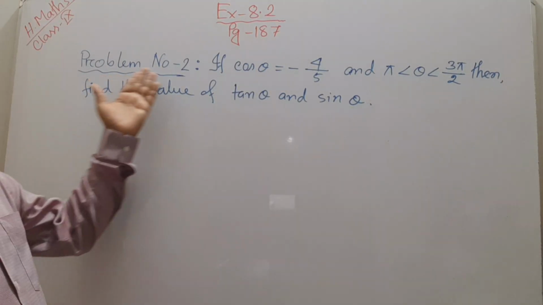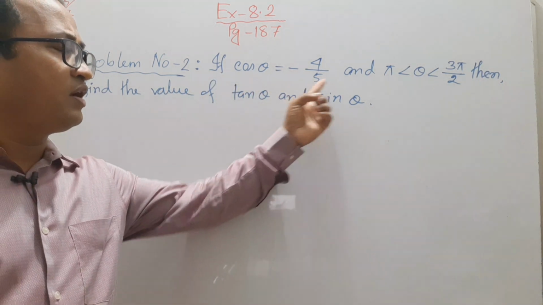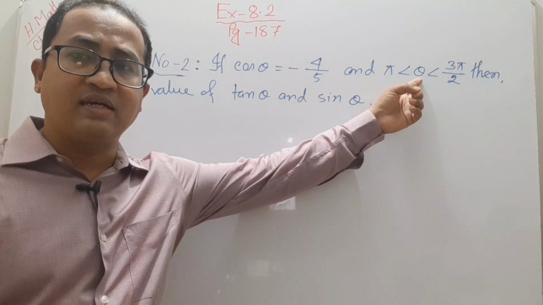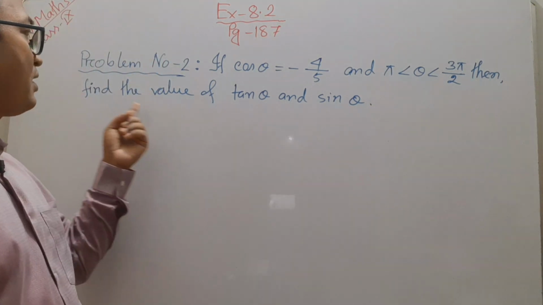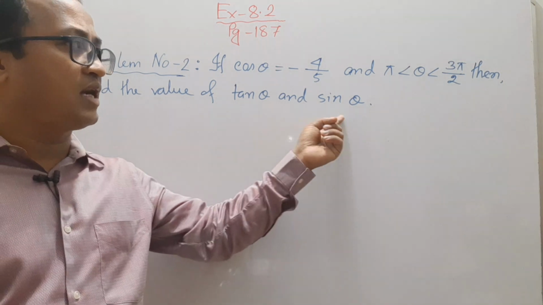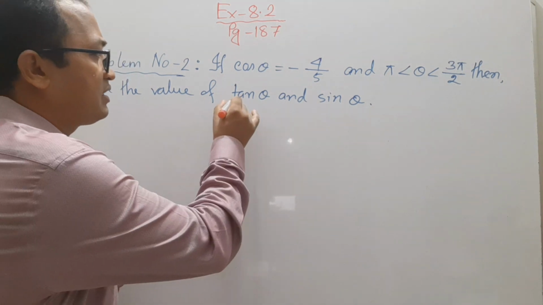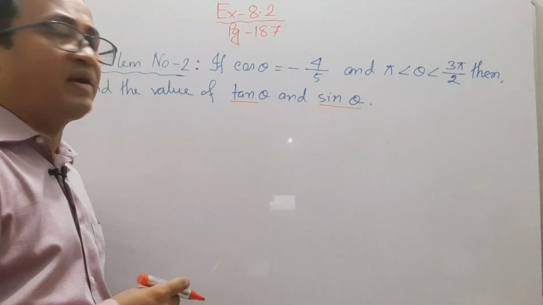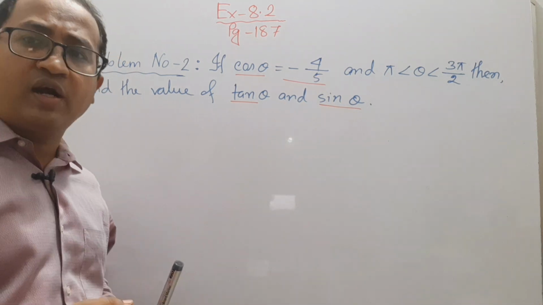Now question number 2. If cos theta is equal to minus 4 by 5 and π less than theta less than 3π by 2, then find the value of tan theta and sin theta. It is given cos theta is equal to minus 4 by 5.